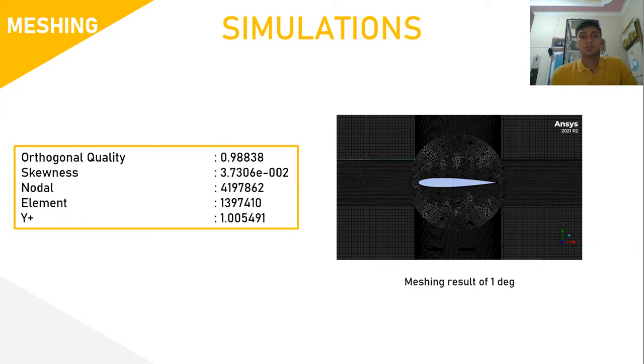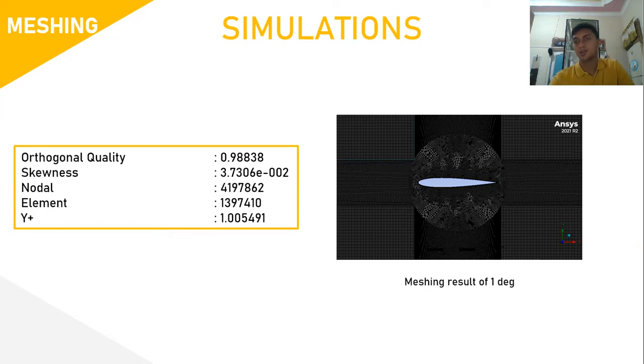Orthogonal quality is 0.98838 and skewness is 7.306 times 10 to the minus something. The number of elements is 1,397,410, and the y plus value is 1.005491.